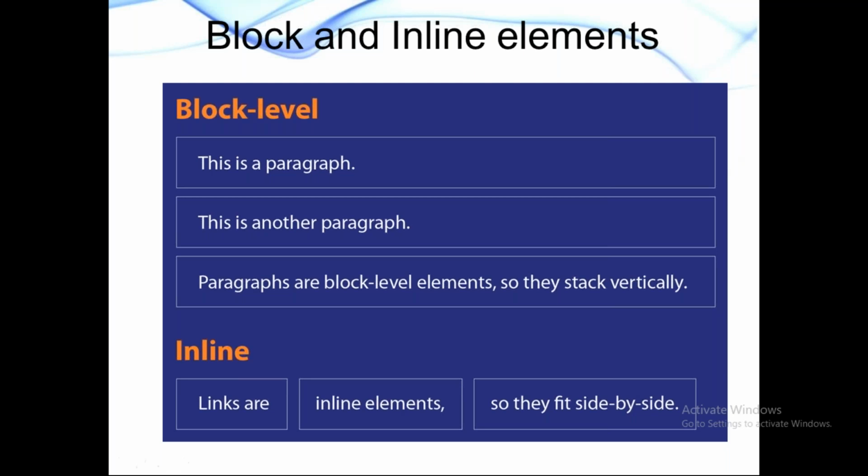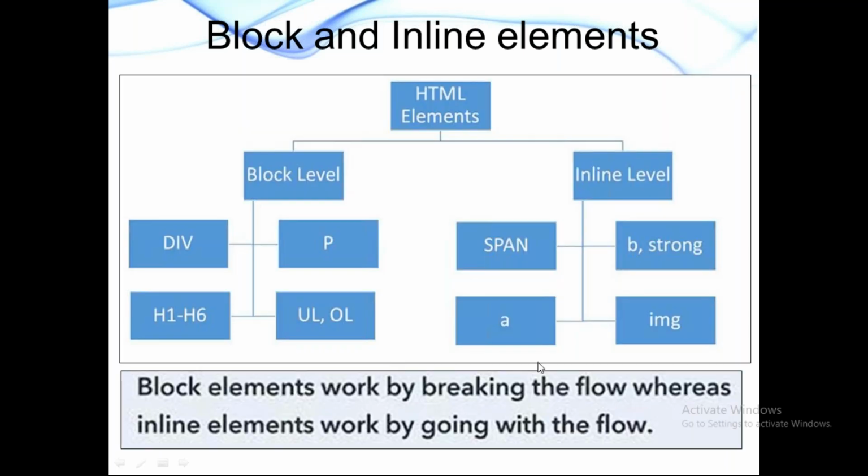Now when you give the second paragraph tag, first it will come to the new line and then display the contents. Whereas with inline elements, after displaying an element, it will not go to the next line. The adjacent elements will be displayed in the same line next to that. That is why they are called inline elements.